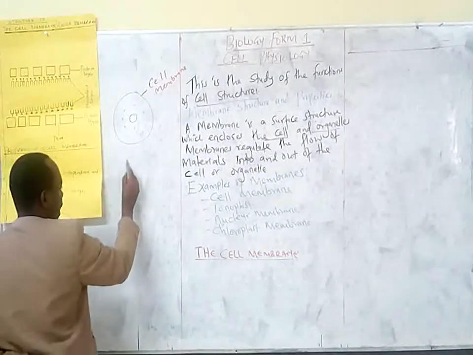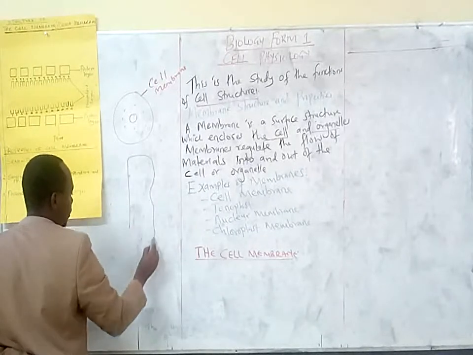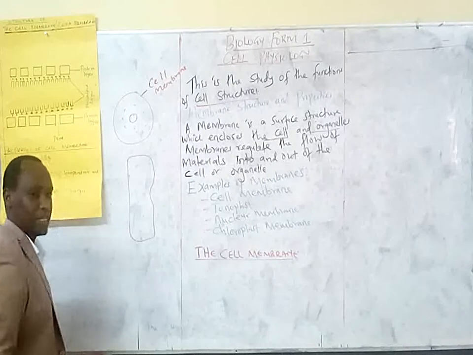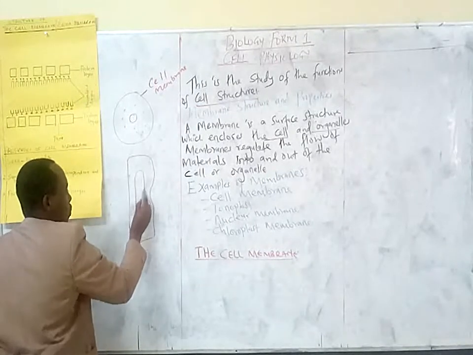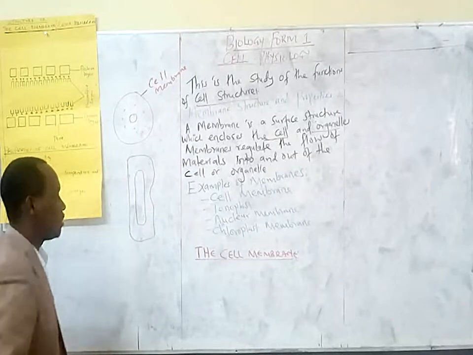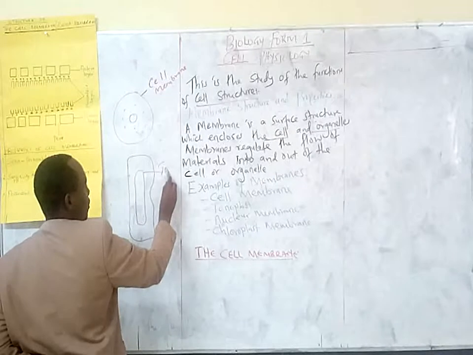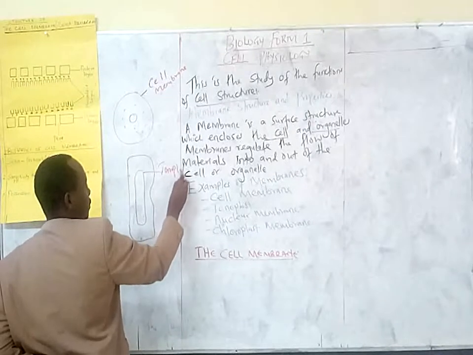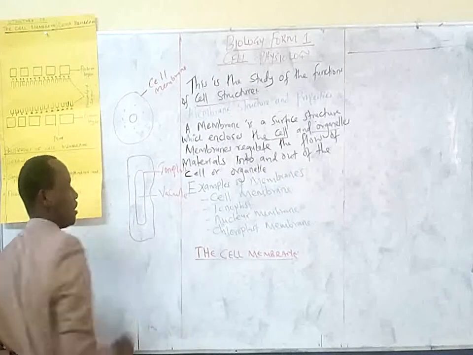Look, you may have a plant cell. In this plant cell, we have what is called a vacuole inside. And this vacuole is always surrounded by a membrane. This membrane is called tonoplast. And this is called the vacuole.